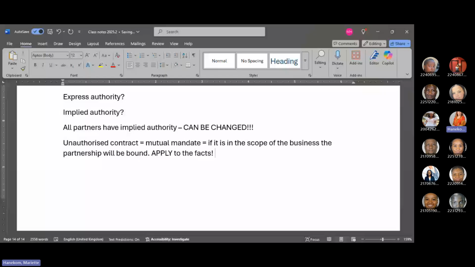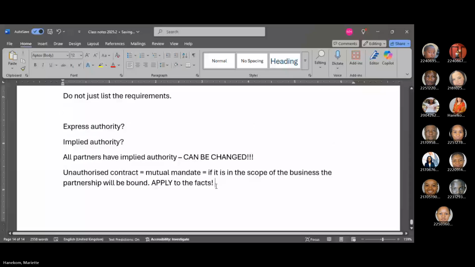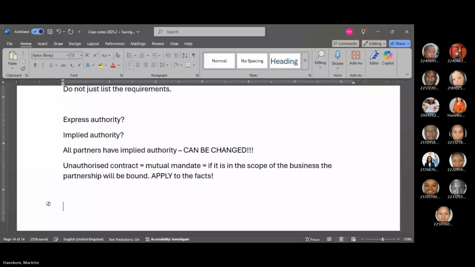Or is it in the scope of the business? If it is, your answer is yes. The partnership will be bound. Is everybody with me here? Are you following?